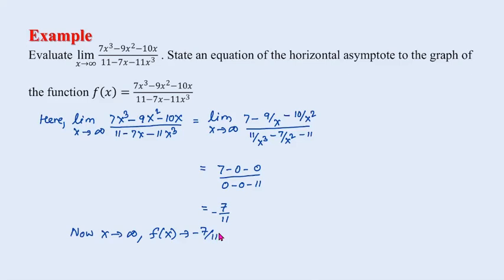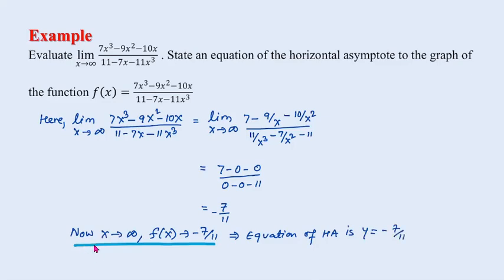When x goes to infinity, we saw that the value of the function is negative 7 over 11. So this will tell us that the equation of horizontal asymptote is y equal to negative 7 over 11.